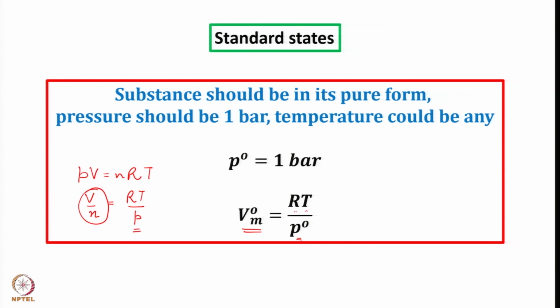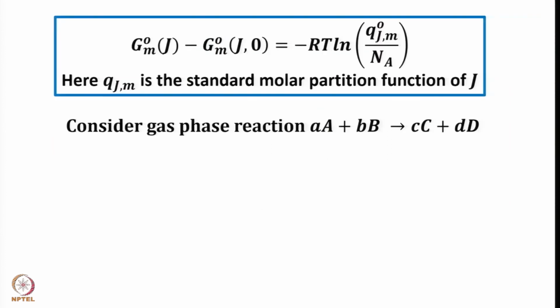P naught is anyway 1 bar. So under standard state conditions, it is easier to get Vm naught. No data needs to be given. It is very important to understand the concept of standard states. I hope this description of standard state is clear to you.